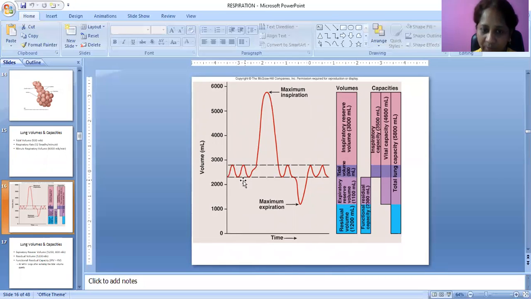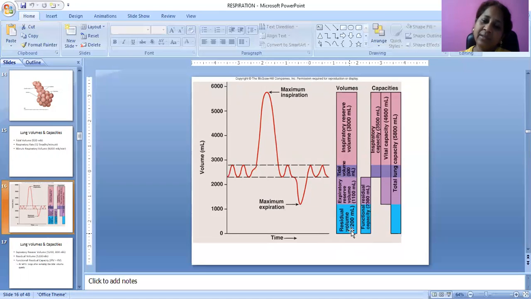It slowly goes from 2000, then 3000, next slowly it jumps to 6000, and in expiration this graph will fall down like this. Again this graph goes up in inspiration.